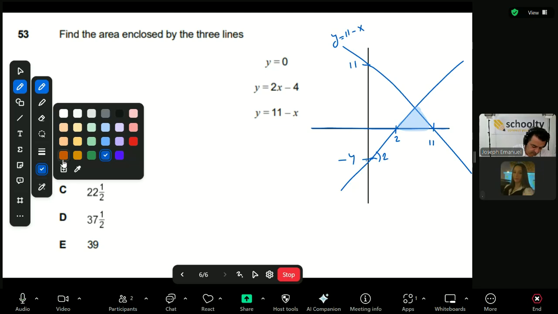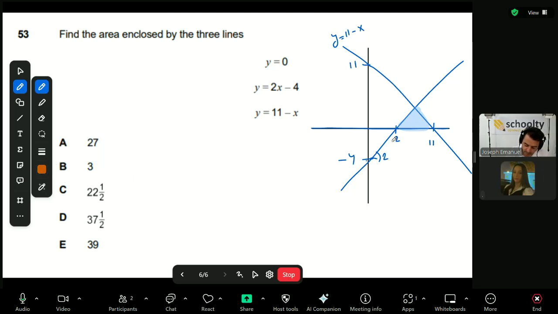Yeah, so let's find the points. We have A, B, C. This is the point, A, B, C. A is 2,0, B is 11,0, and C we need to calculate. So this is 11 minus x equals minus 4 plus 2x. You have 3x equals 7.